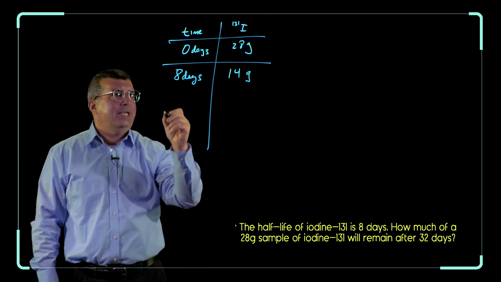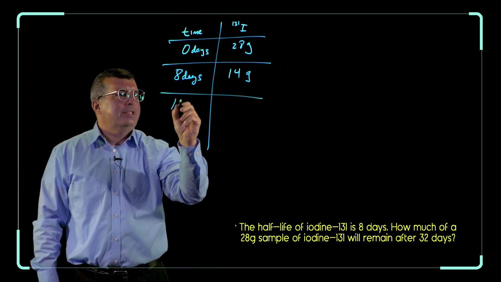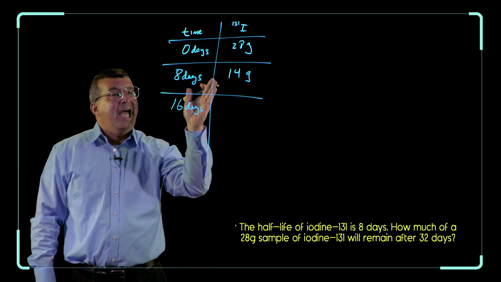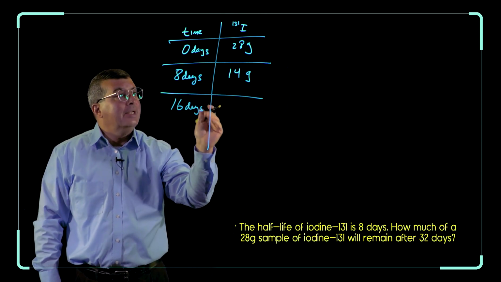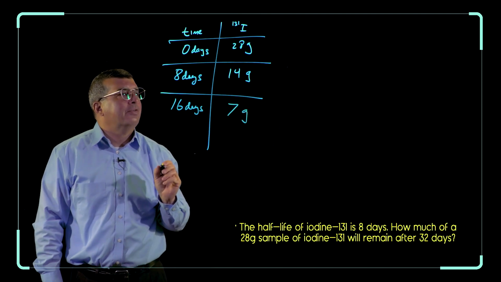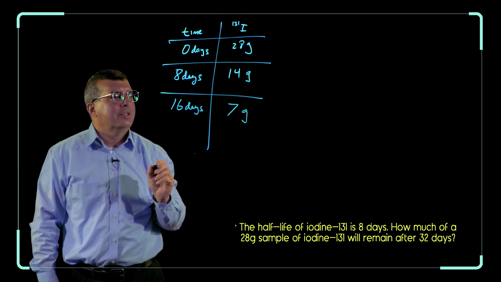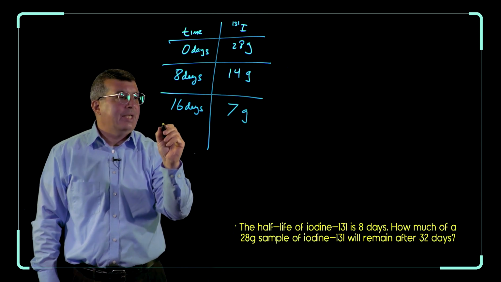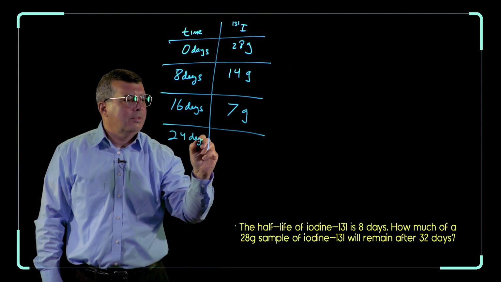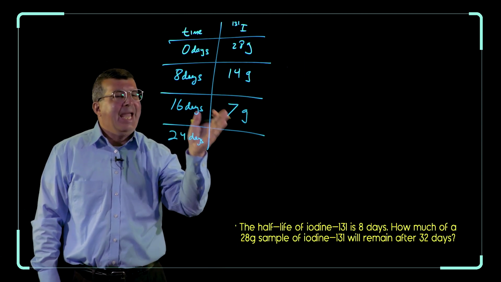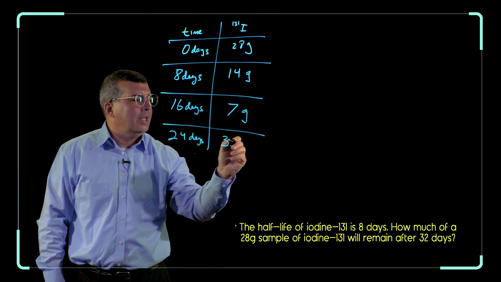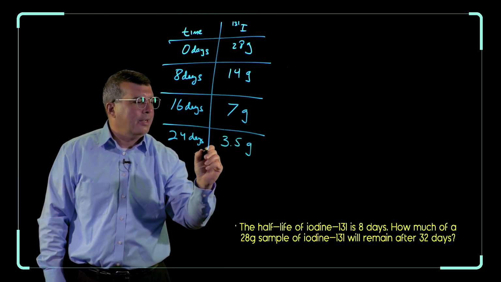After another 8 days, so that would be 16 days, we will lose half of the 14. So that we'll be left with 7 grams of iodine-131. After another 8 days, so that would be 24 days, we will lose half of the 7, so that would be 3.5 grams.